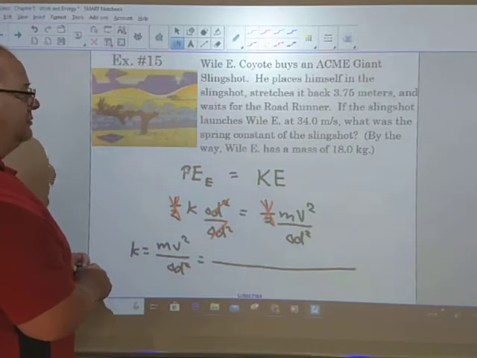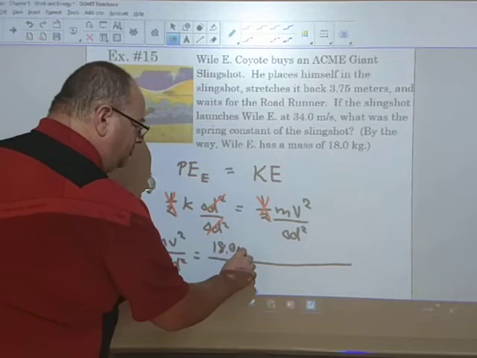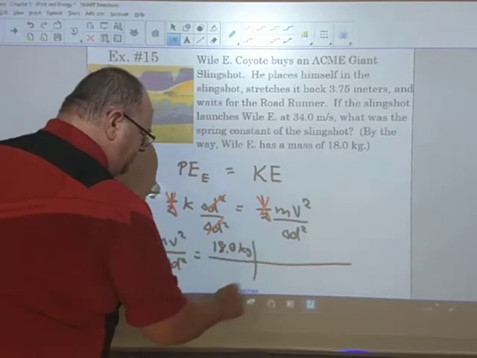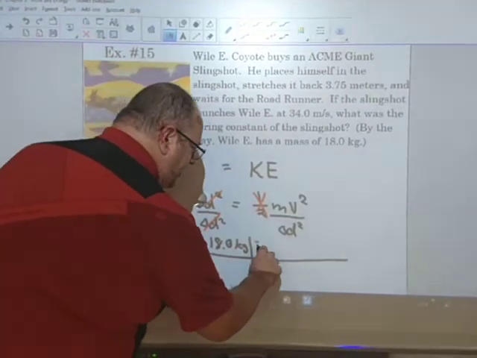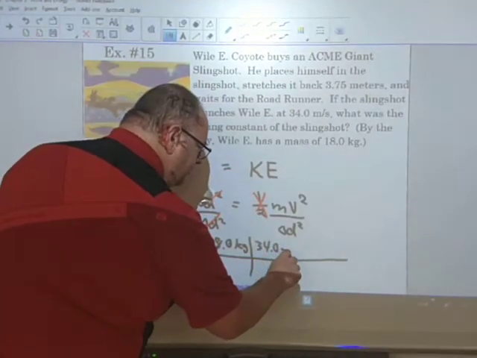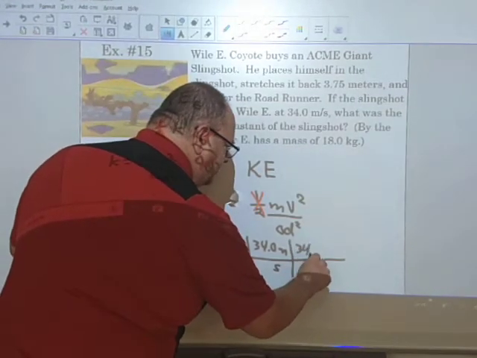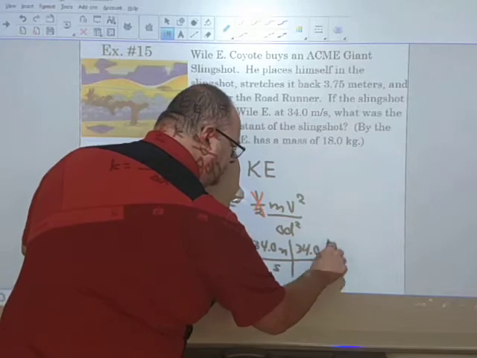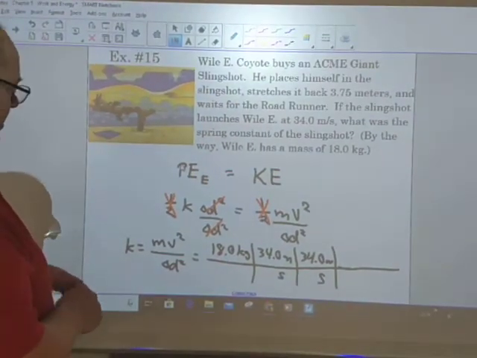So the mass, Wiley has a mass of 18.0 kilograms. His velocity is 34.0 meters per second. That's squared, so I'm going to put it in here twice. Okay, and we're dividing by that distance.